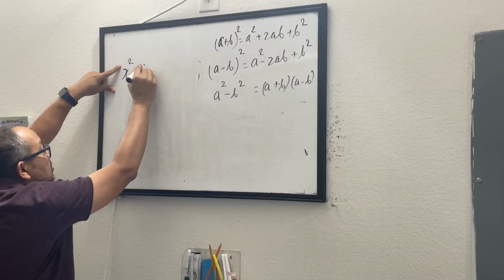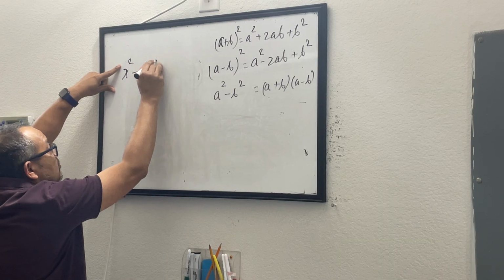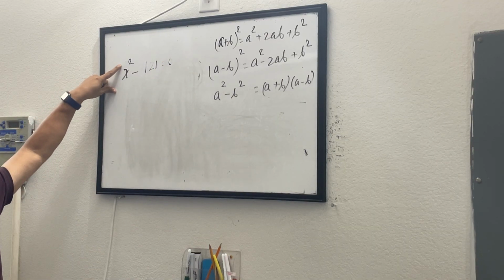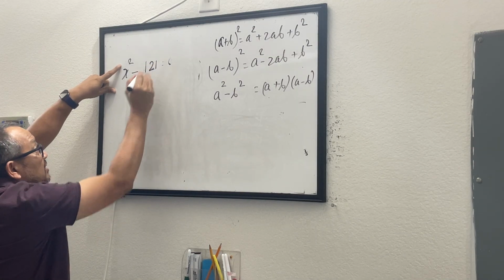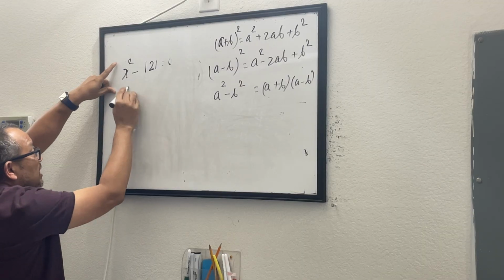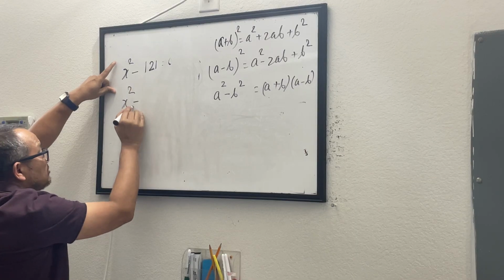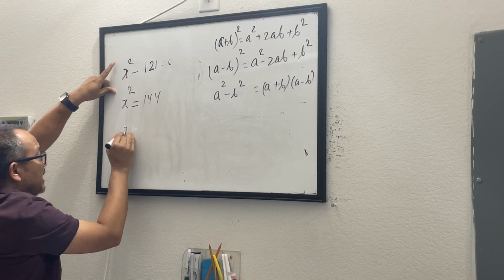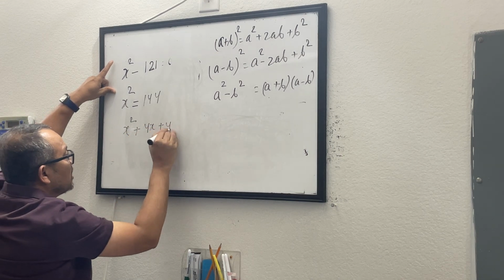x squared equal to, let's say, 121. Mr. Manas, things are not getting better. x squared minus x squared equal to 144 and x squared plus 4x plus 4 equal to 0.